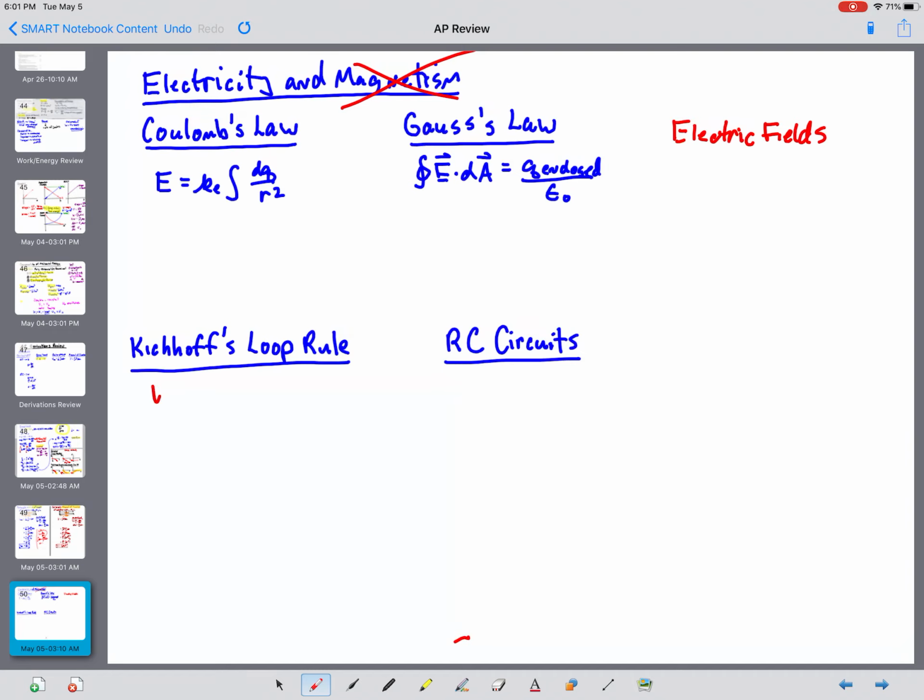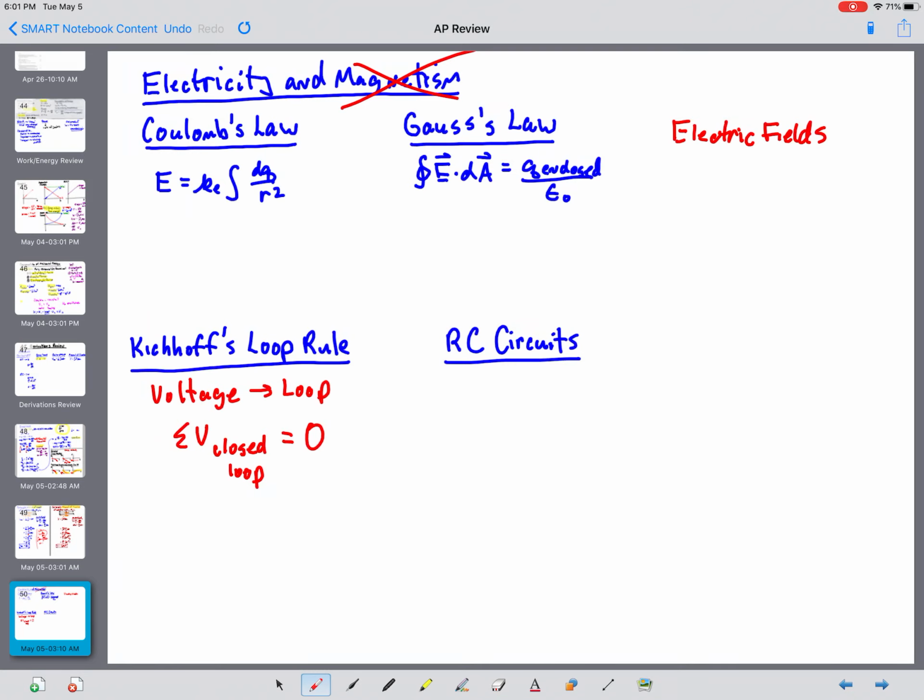Kirchhoff's rule, remember that is dealing with the voltage. In terms of the derivation, loop rule is oftentimes what we use, and that's basically the total voltage, the sum of the voltages around any closed loop is going to equal 0.